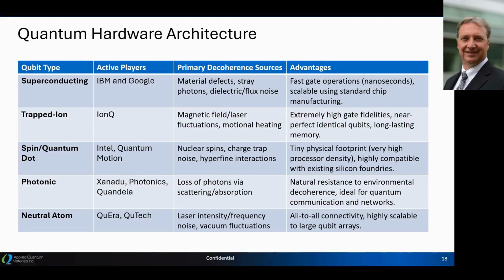The problem with the quantum hardware and the qubits is material defects. You have stray noise, photons running around, magnetic field fluctuations, lasers doing all kinds of things like this. So in order to solve the problems, you need materials that can increase and improve the coherence times of these qubits.